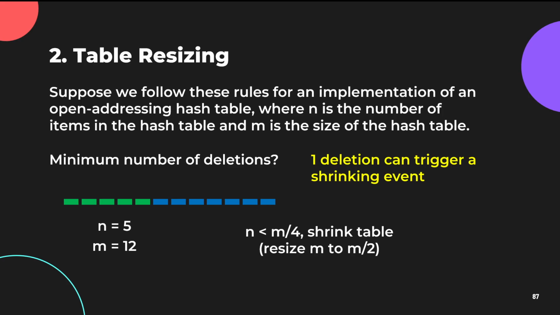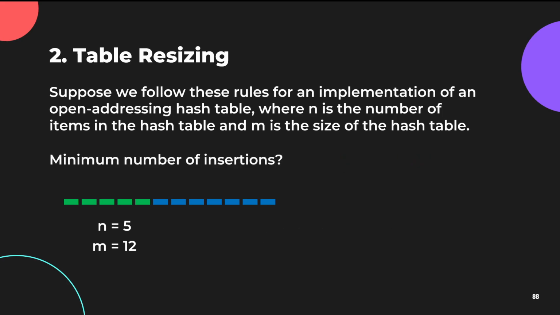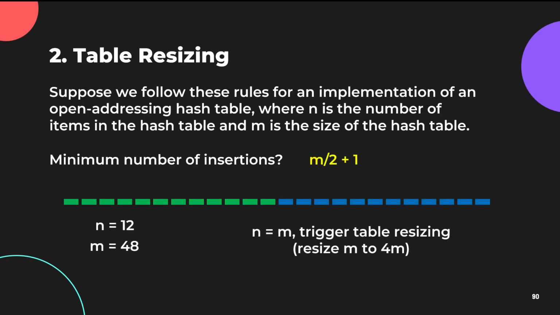You add these parts, the orange ones, that will be adding 6 from m divided by 2. Then you add 1 to fill in the one that you deleted just now. And this will trigger another growing event. So the minimum number of insertions you will get is m over 2 plus 1.